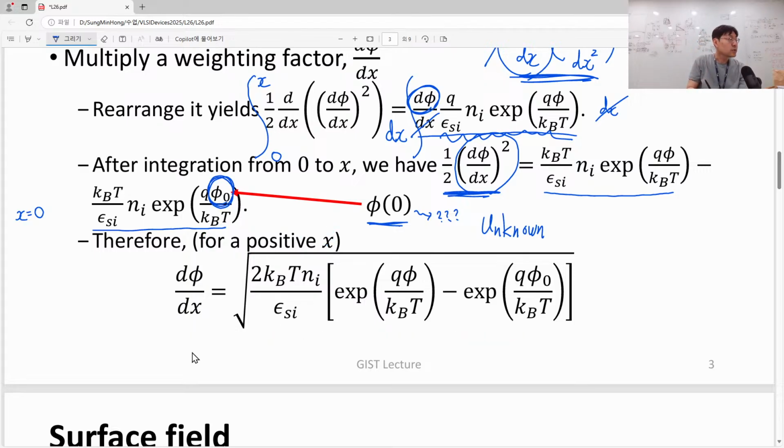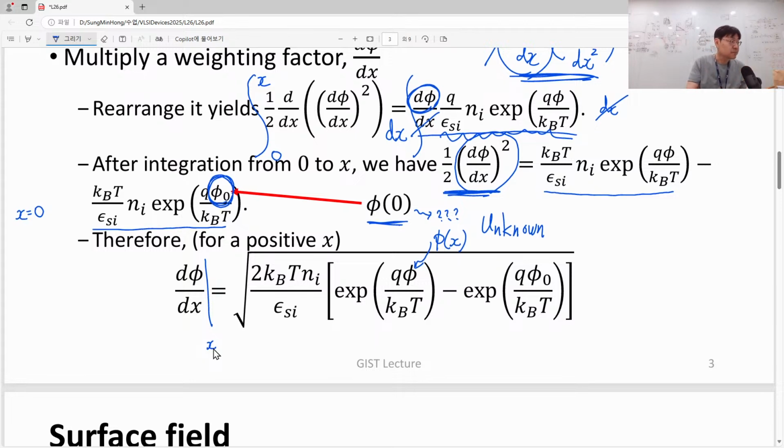Please note that this potential is evaluated at any arbitrary x value. So this is the expression for the electric field.